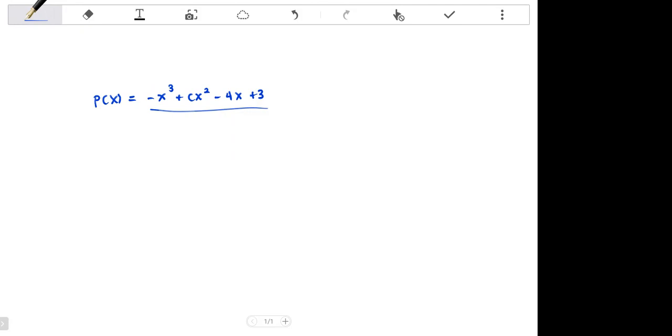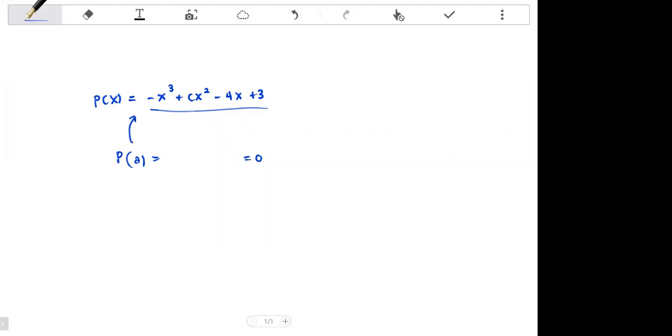So when it says this is a factor of this, or this is divisible by this, that means it's perfectly divisible. So there are going to be no remainders. So when we plug in a number in the equation, we should get 0.